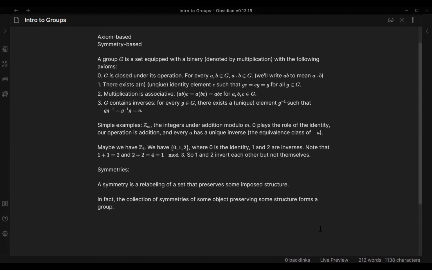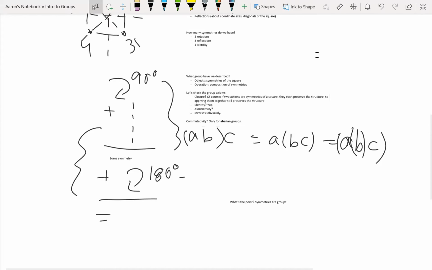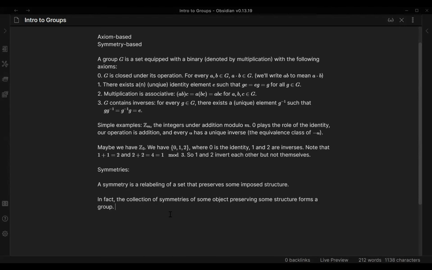And we were talking about the square, but we didn't have to be talking about the square. Nothing we said about the square is going to be different for a triangle or, I don't know, even a trapezoid. The trapezoid will have fewer symmetries because rotation doesn't work. But if we take the collection of all the symmetries, it still checks off all these boxes about the axioms that we looked at. So we sort of have one direction.